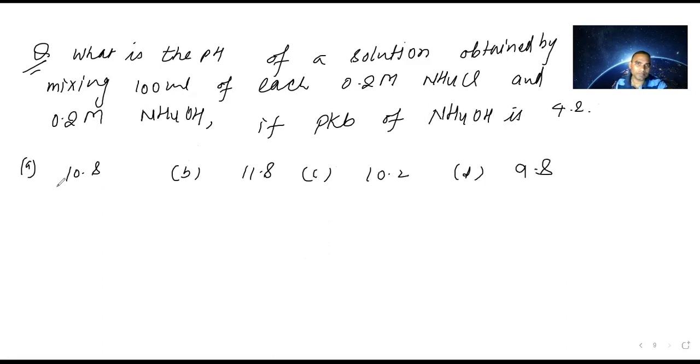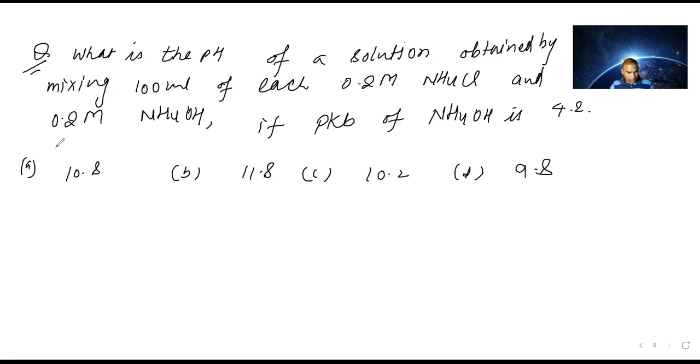And then we have NH4Cl, which is 0.2 molar, and NH4OH is the base, so we do 0.2 over 0.2, the log of which is 0.